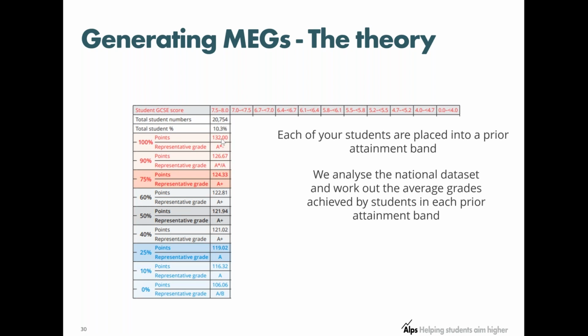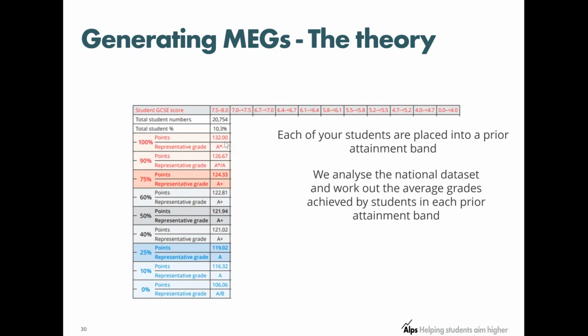Then we've looked at what the top provider in that national data set got on average with their students. 132 UCAS points was the average score achieved by the top provider in the data set.